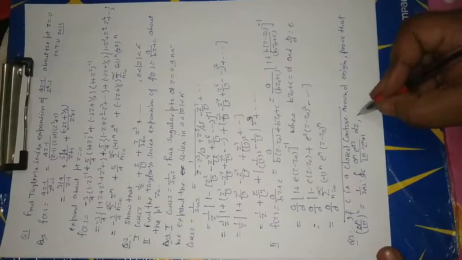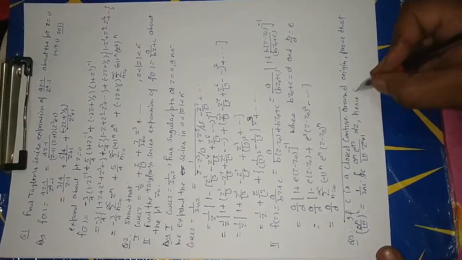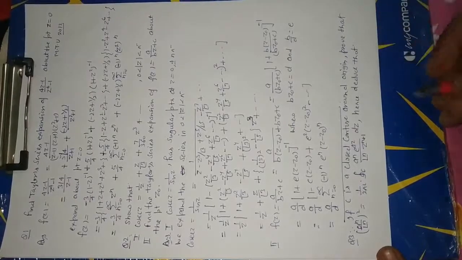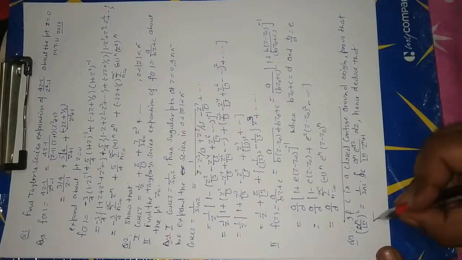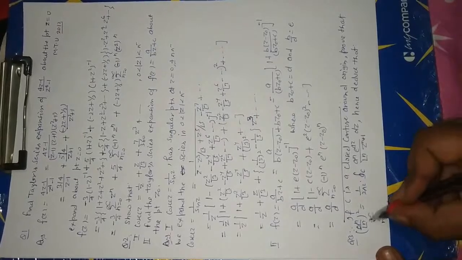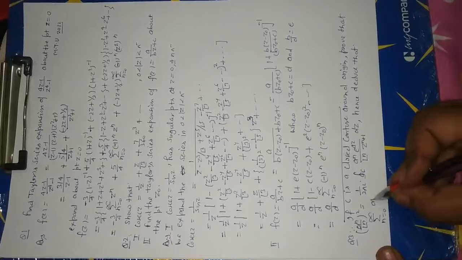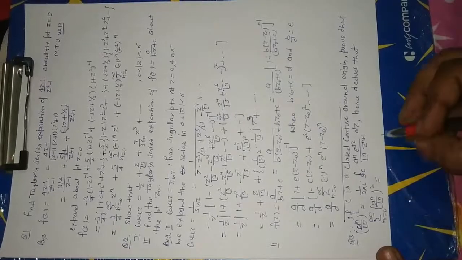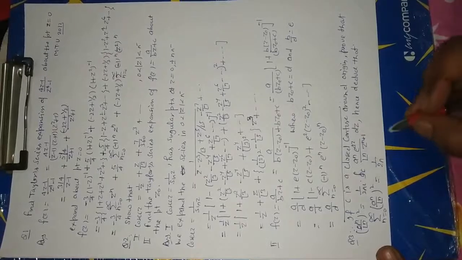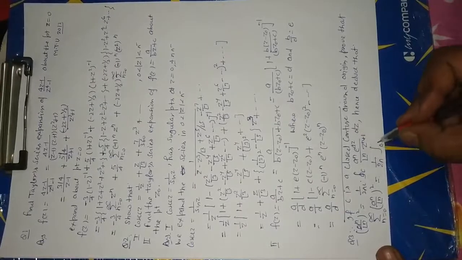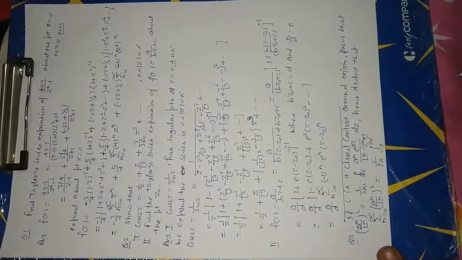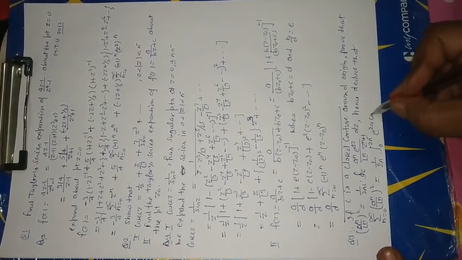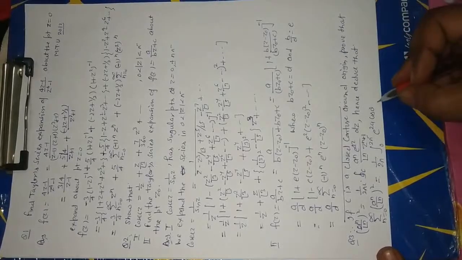Hence deduce that summation n = 0 to infinity a^n/(n!)² is equal to 1/(2π) integration over a circle, that is limit 0 to 2π, e^(2a cos θ) dθ.